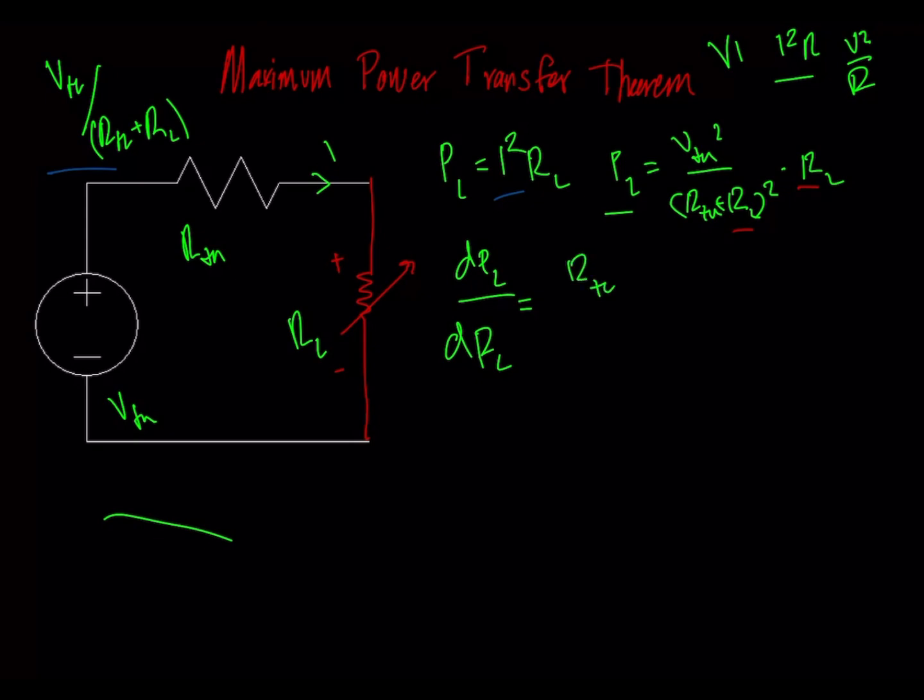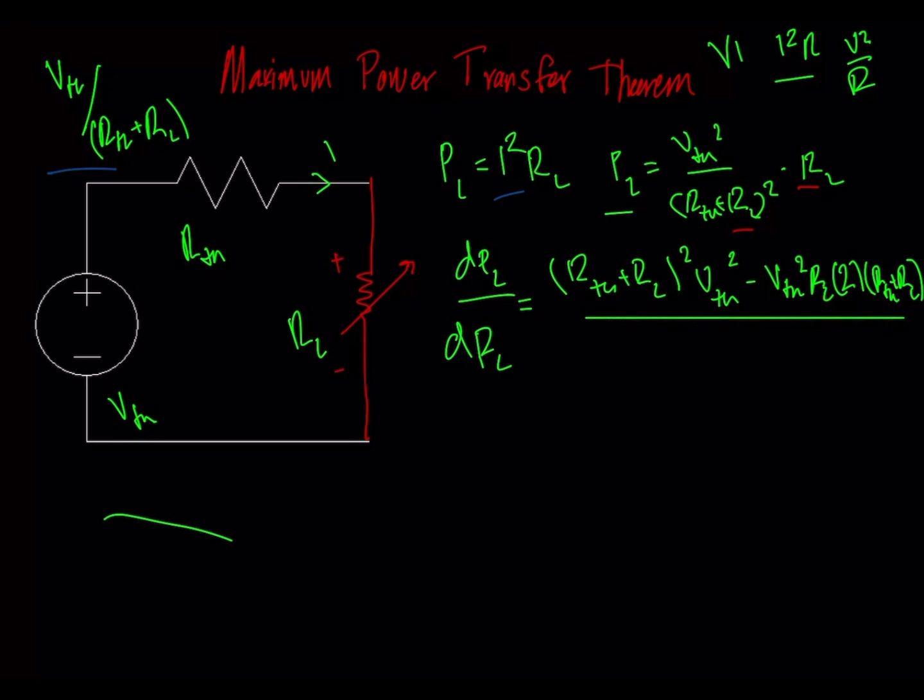It'll just be the denominator times the derivative of the numerator, which in this case, V Thevenin squared times RL, that's just going to be V Thevenin squared, minus the numerator, V Thevenin squared RL, times the derivative of the denominator, which will be 2 times R Thevenin plus RL. And that's all over the denominator squared, which in this case, it's already squared, so it'll be to the fourth power.